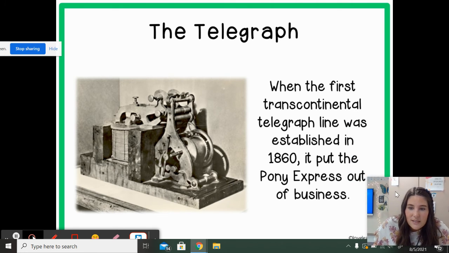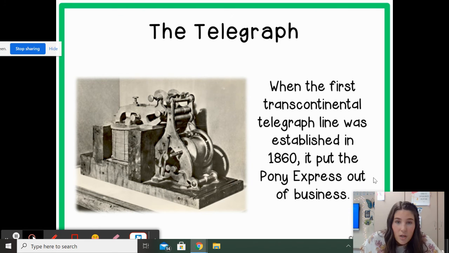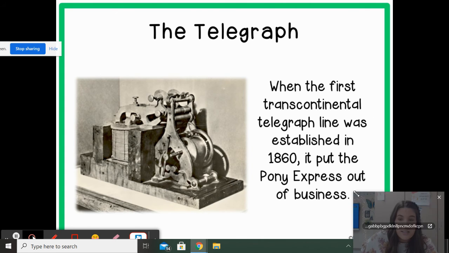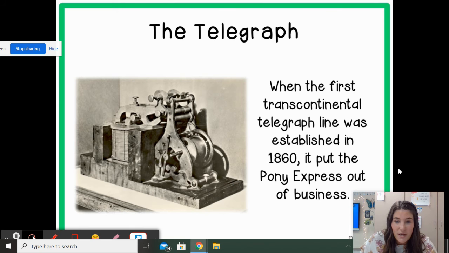The first transcontinental telegraph, which means this telegraph can send signals across the entire continent of the USA, was established in 1860, and it put the Pony Express out of business because it was faster. They could get the message there clearer and faster than the 10-day pony trek across the continent.